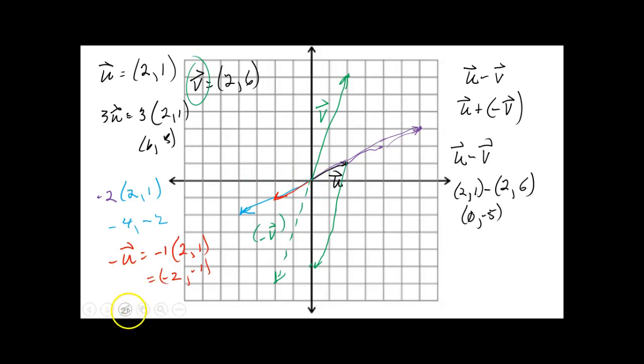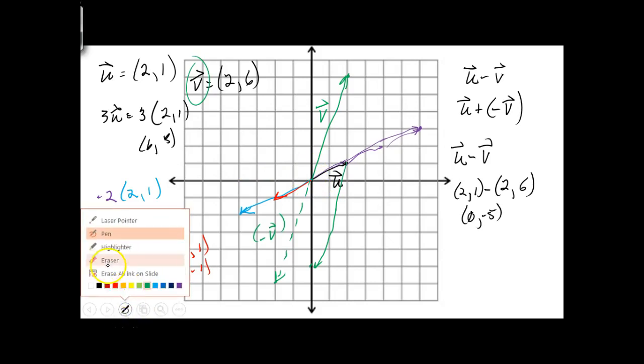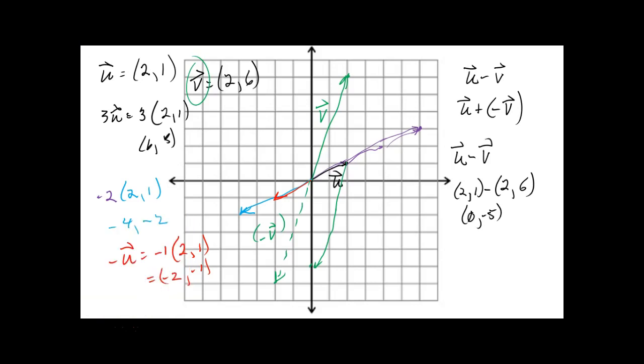Let's see, what color do we want to put the sum? I believe we're doing Carolina blue, so let's do that. And there would be the sum vector. What do we get? 0 minus 5, exactly 0 minus 5.